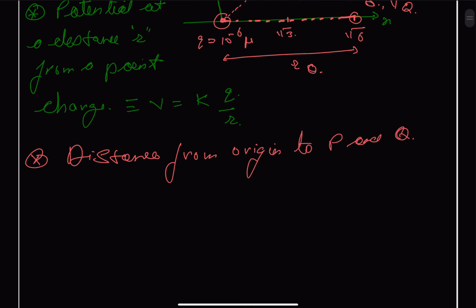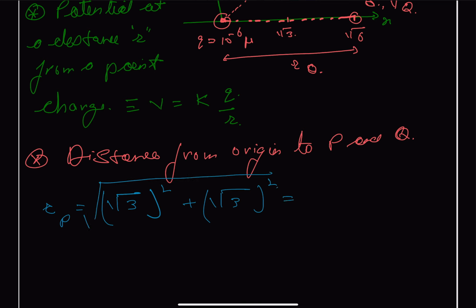So first of all, let's find out our Rp, that is the distance of point P. Because the origin is our 0, we can say square root of (√3)² plus (√3)², which will be square root of 3 plus 3, and that will be square root of 6.